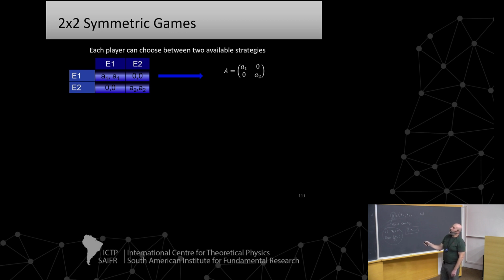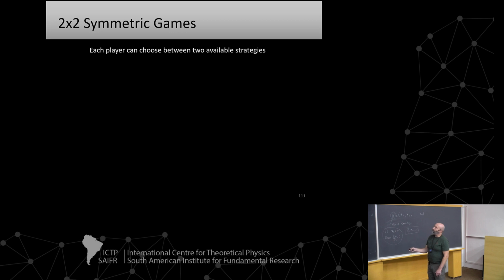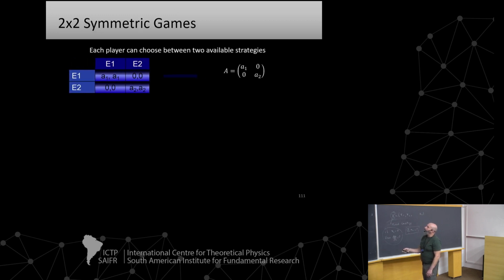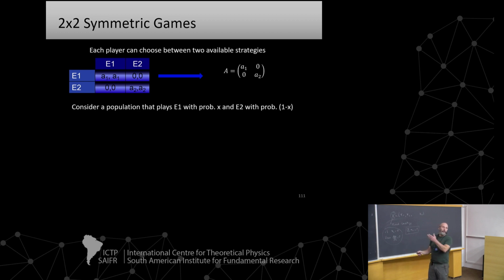And this is much simpler to analyze than this, where I had 4 parameters. So what I'm doing is that I'm not saying that this game is the same as this game. What I'm saying is that the dynamics of the former game is equal to the dynamics of this game. So by analyzing the dynamics of this game, I also have information about the dynamics of the other game. Okay? Marcelo, yes.